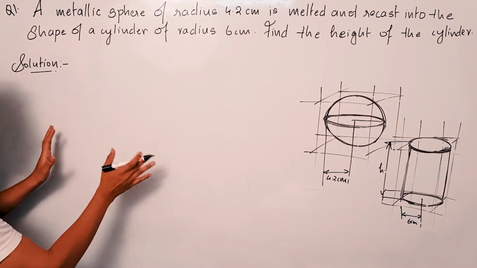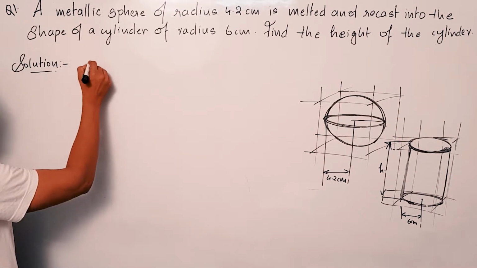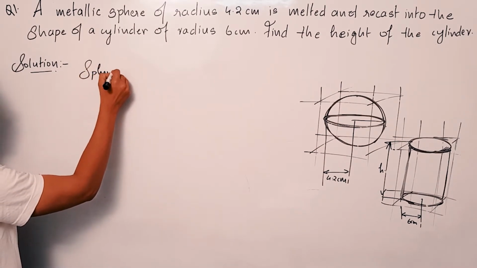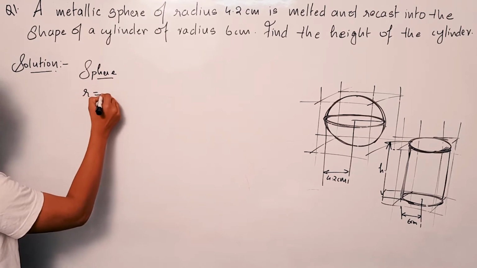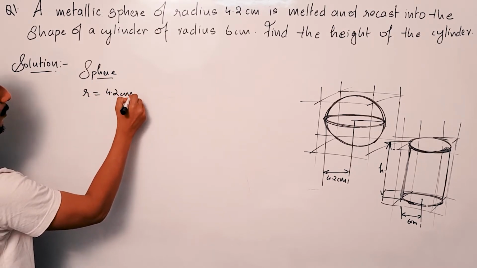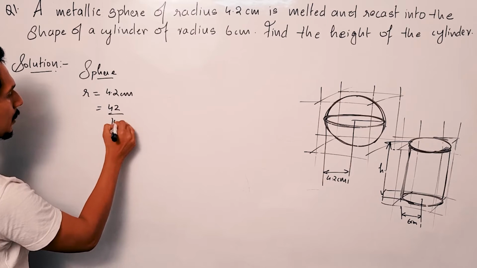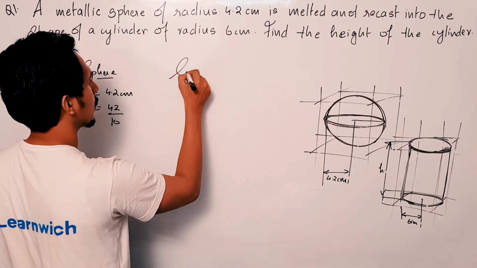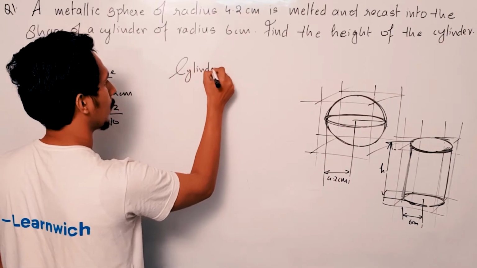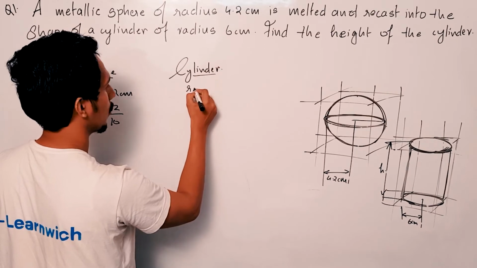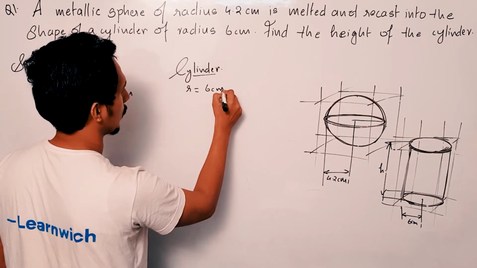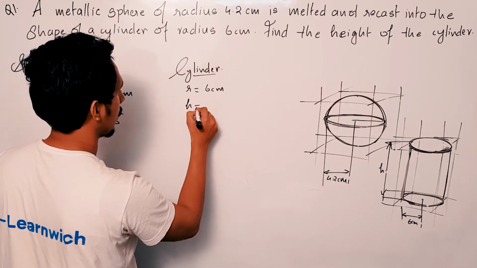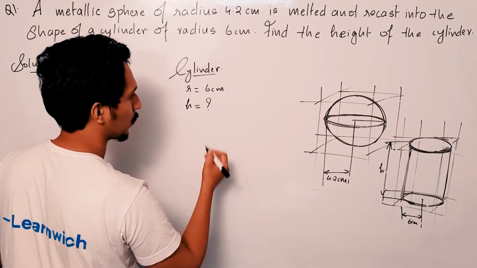Let's start by writing all the entities here. We have a sphere of radius 4.2 centimeter, or you can write it as 42 by 10. Then we have a cylinder. The radius given is 6 centimeter, and the height is h. That's what we have to find out.